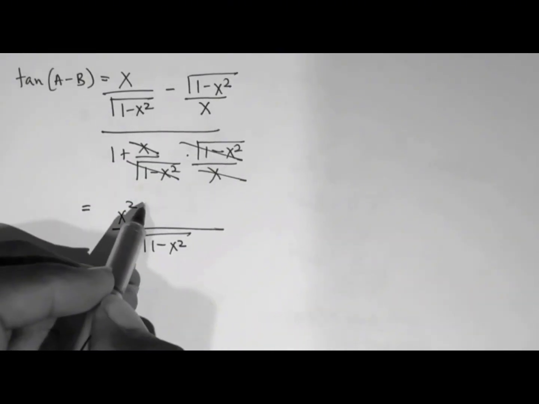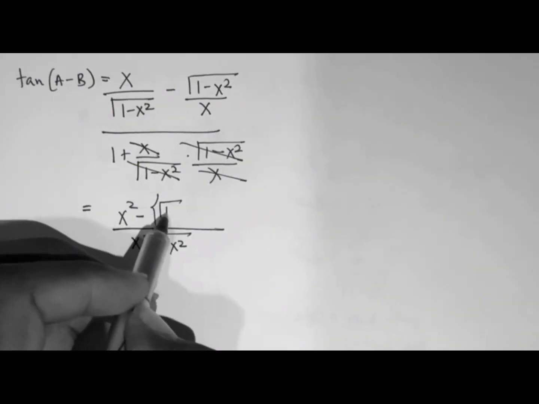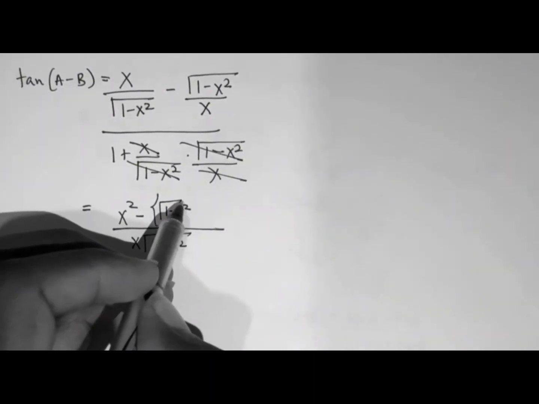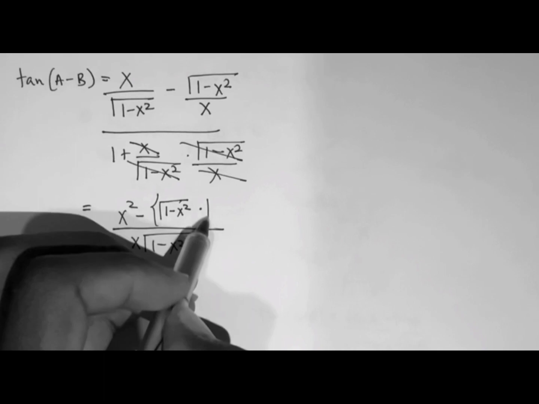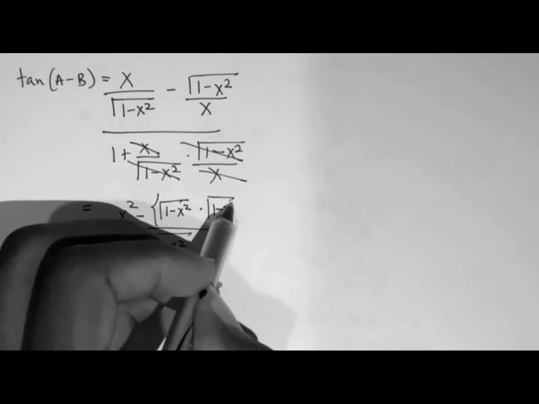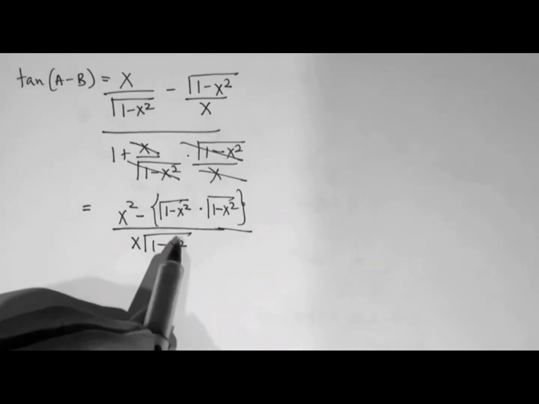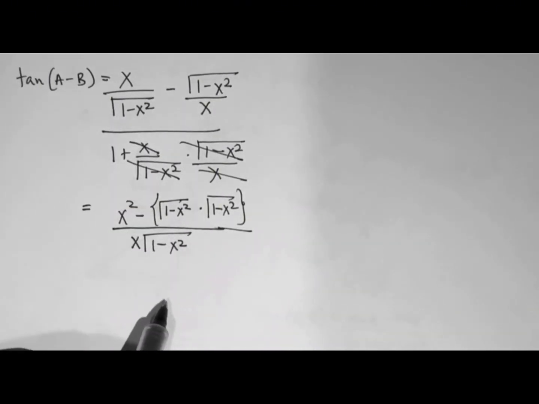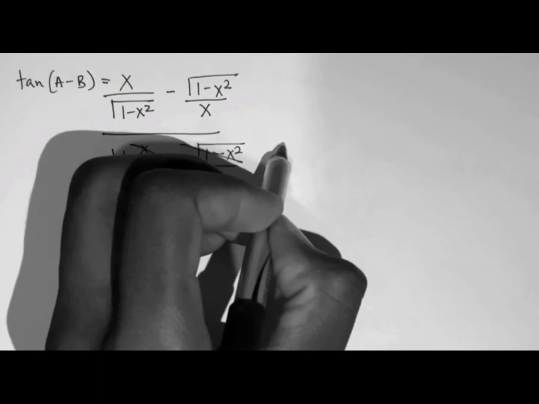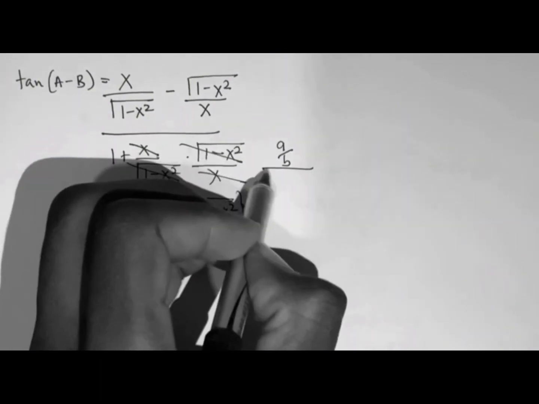So let's open a bracket: root 1 minus x squared, times square root of 1 minus x squared. And all of this will be multiplied by 2. Remember, we got 2 at the denominator, so there is a times 2 there.